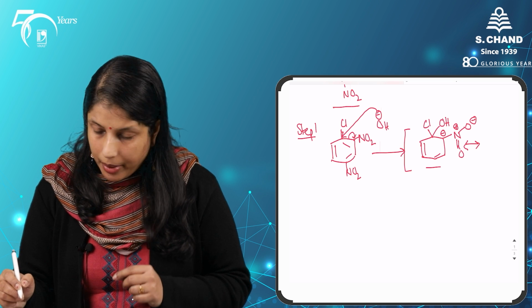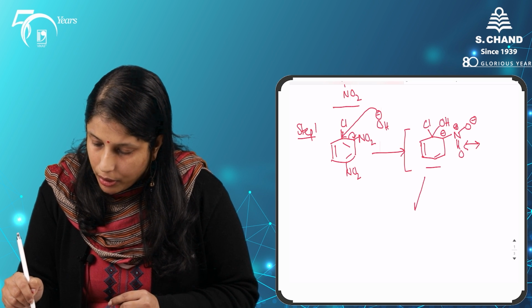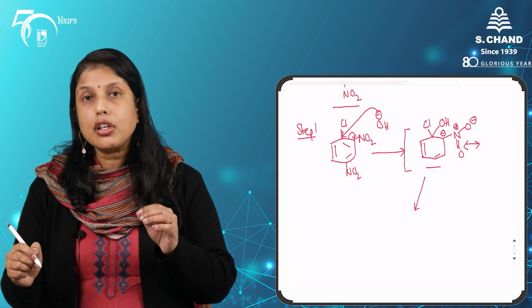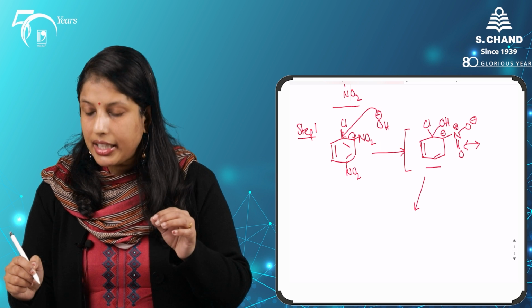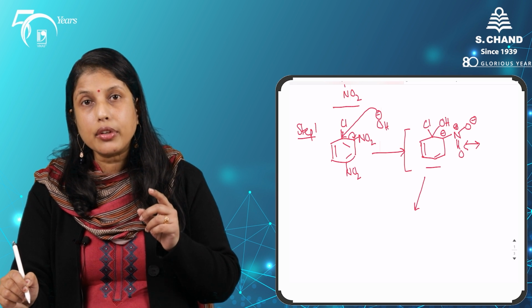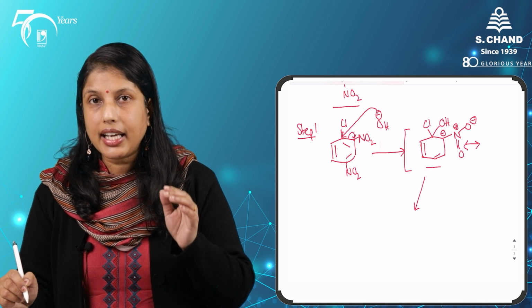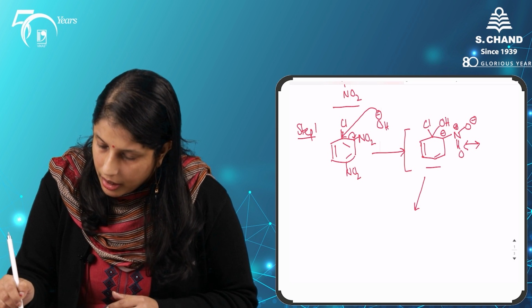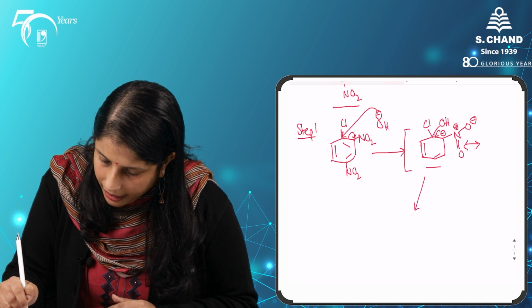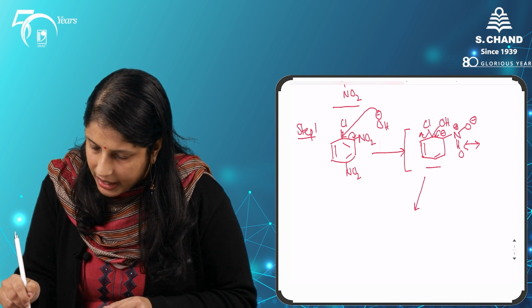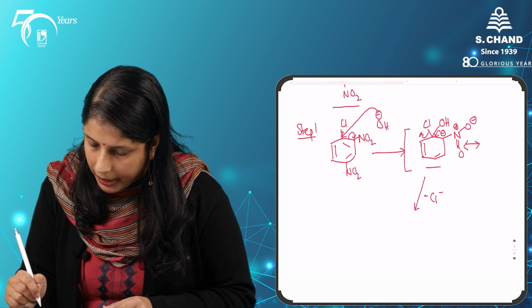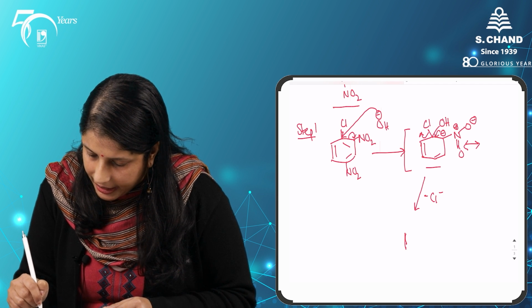In the second step, what happens is that there is going to be the loss of the leaving group. Which is the leaving group? Yes, it's the chlorine, which is lost as the halide ion. So here I will now have the loss of my leaving group, my Cl minus, and what do I get?